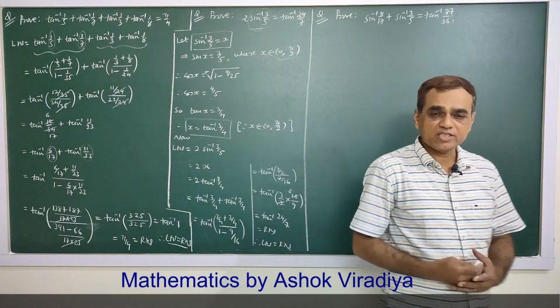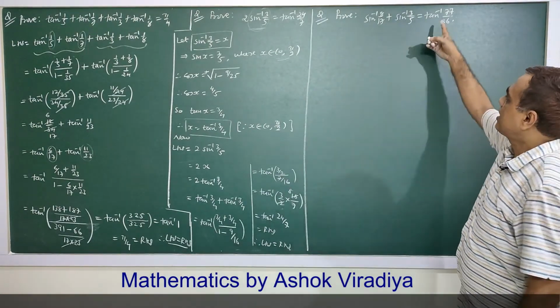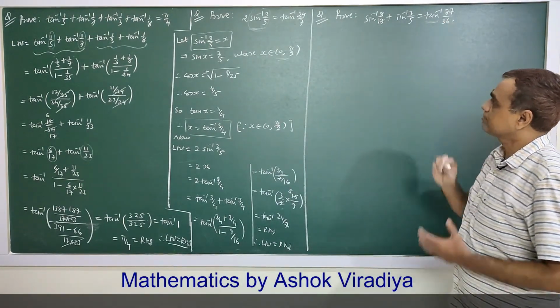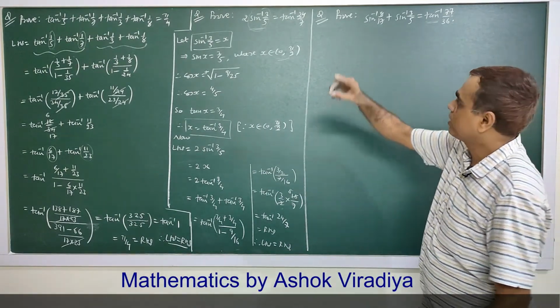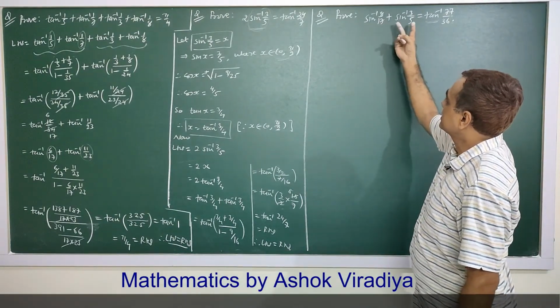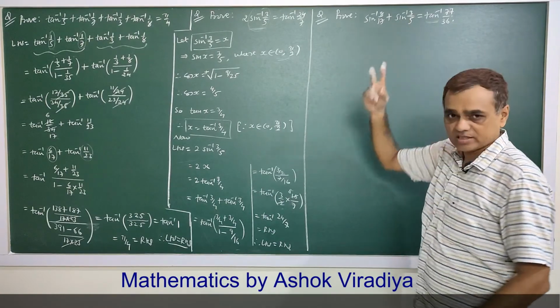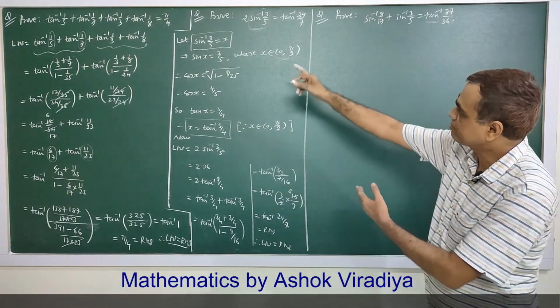Now in this question, RHS is tan inverse. So again we are going to convert both these numbers into tan inverse by a similar procedure.